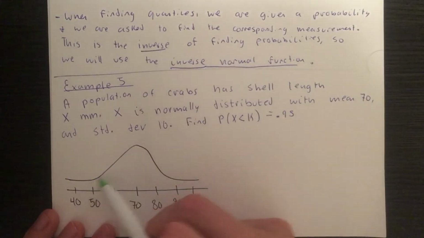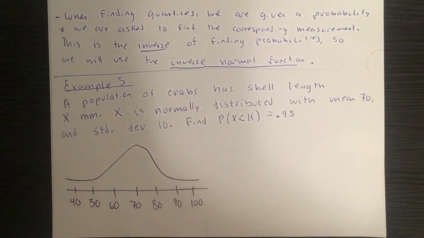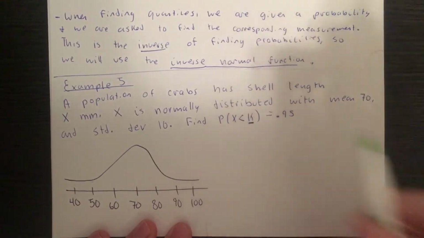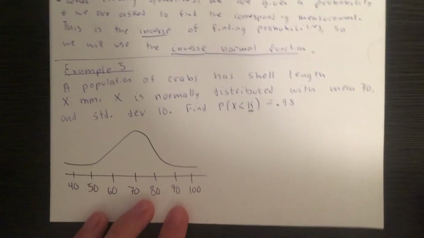This whole curve adds up to 100%. All of the observations under a normal distribution cover all of the possibilities. So what we've got to do is find the number K that would make the amount to the left 95%.